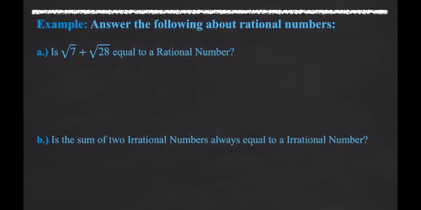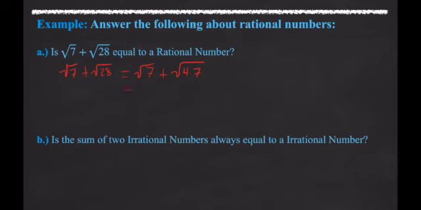Okay? So we have square root of 7 plus square root of 28. Let's simplify square root of 28. 28 has 4 times 7 that can go into it. So this would be square root of 7 plus square root of 4 times 7. We're just going to simplify this down a little bit. I want to see if we can combine like terms, put things together.